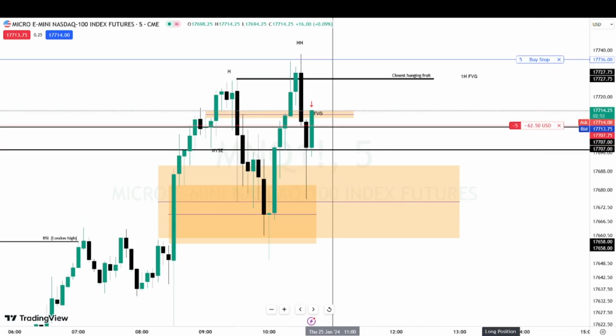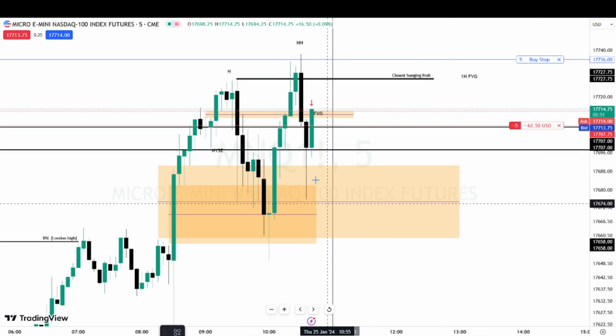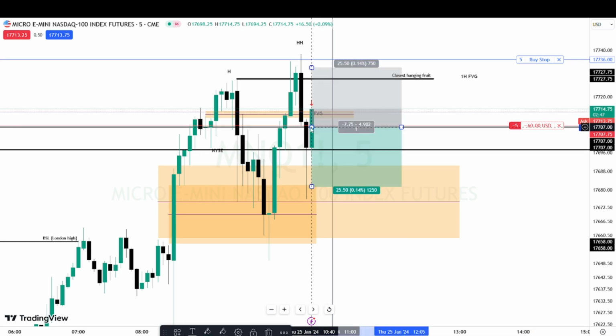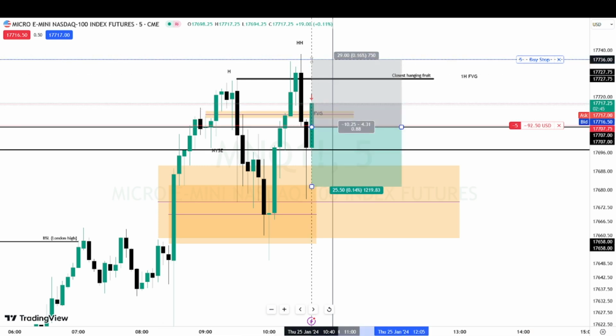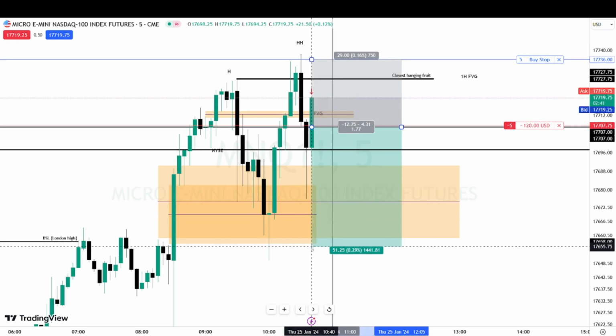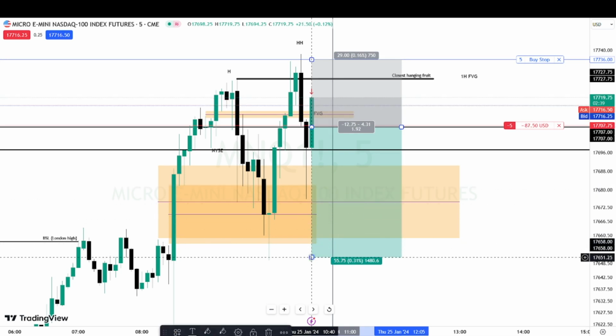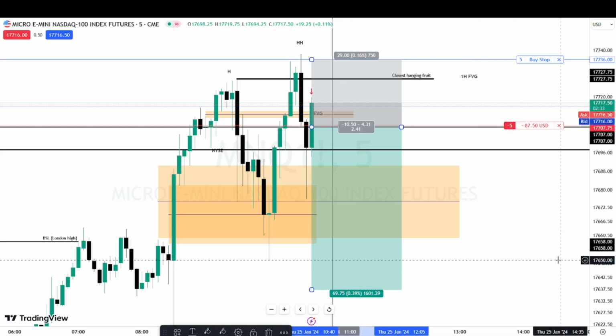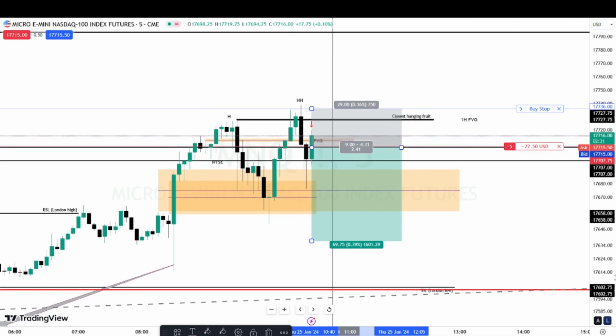Let's be going for the short. We entered right there. Our stop loss right here. Then our TP, closest hanging fruit, being 1:1, or the consequent encroachment right there.